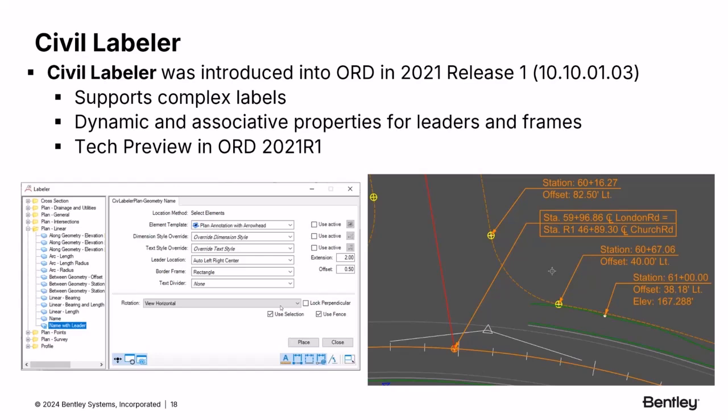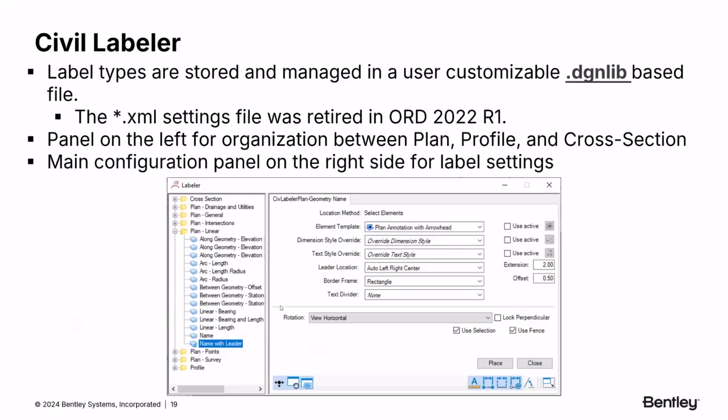So trying to label station offsets with or without frames and leader lines and so on, leveraging text favorites as well, and being able to override other display options on the fly. That's more or less what Civil Labeler allows us to do, along with allowing us to label more complex situations, which we'll take a look at with some examples.